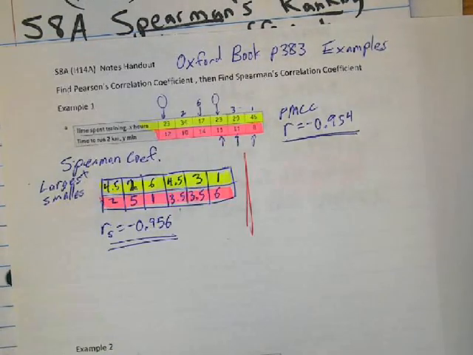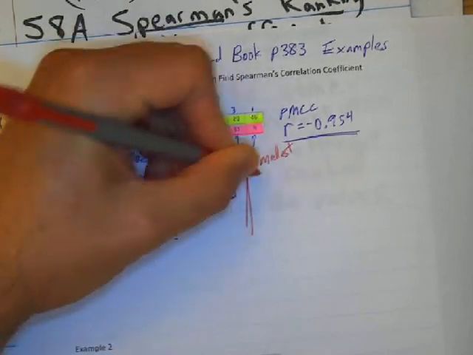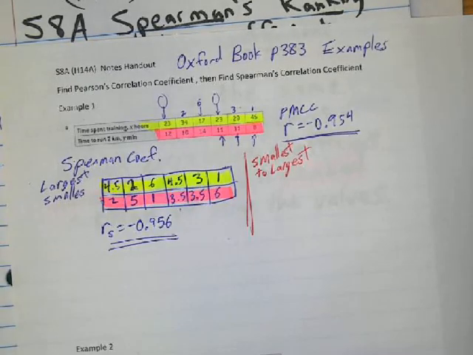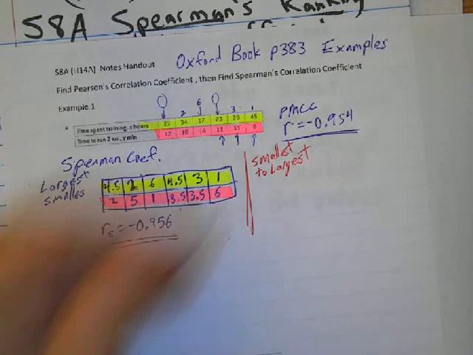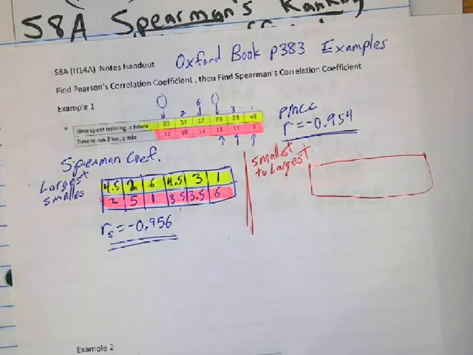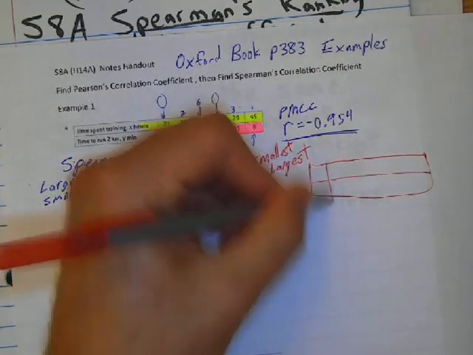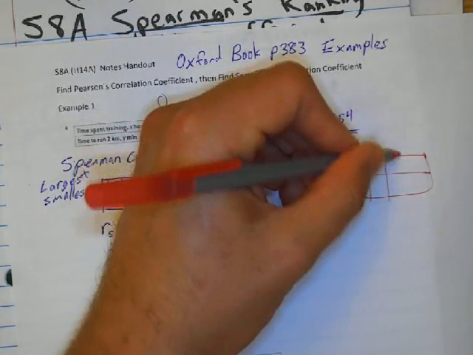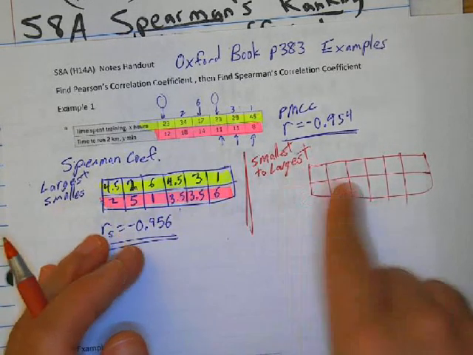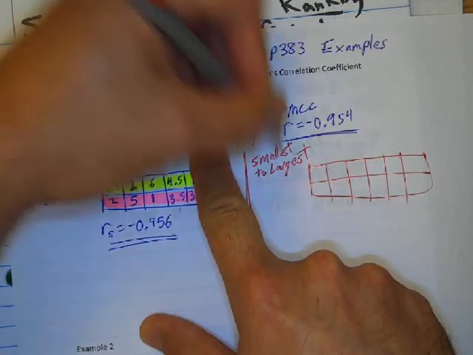Now, you could rank this from smallest to largest, and if I did that, you get the same answer. So what does that mean? The smallest here is 17, so I'm going to put a 1.